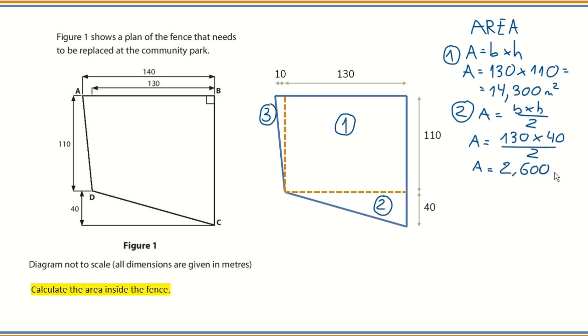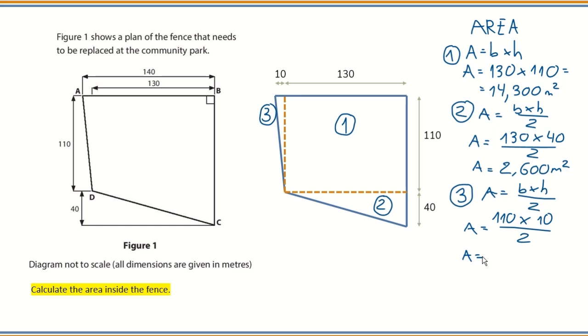The area of the shape number 3 is another triangle, so again it's the same formula, base times height divided by 2. The area is the base. It doesn't matter if we consider this the base and this the height, or the other way around. I'm going to consider this as the base, 110 times the height, 10 over 2.